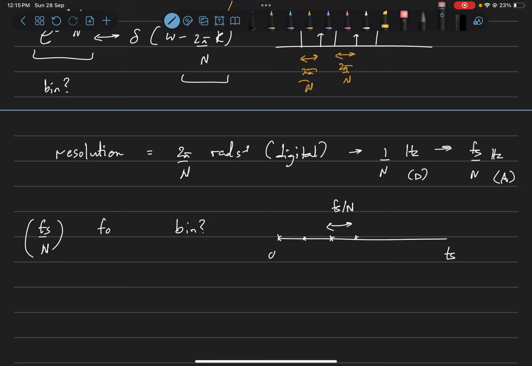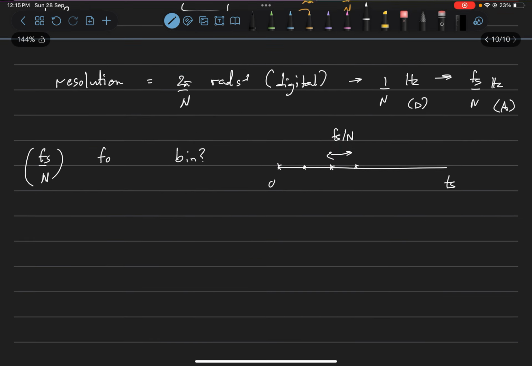So what I mean by bin is, where does it fall? This is the first, this is the second, this is the third bin, this is the fourth bin, and so on and so forth. So there will be n or n plus 1 bins. You can get how many bins we have, and your frequency will fall exactly into one of these bins when you do an FFT.